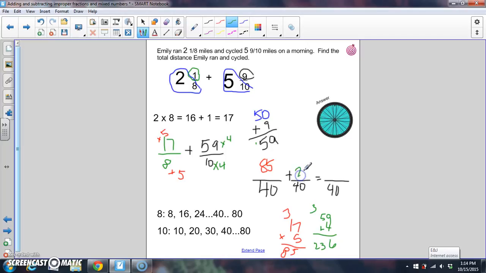236. Add these two numbers together. 6 plus 5 is 11.